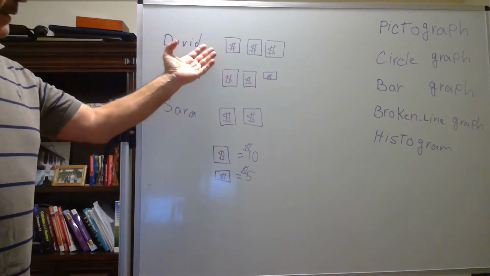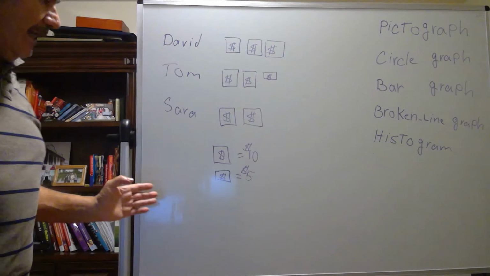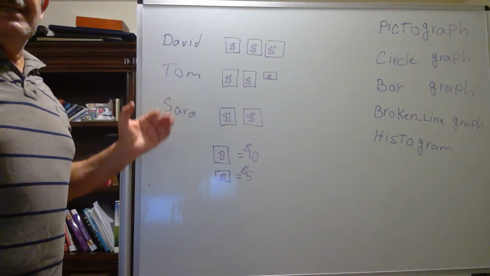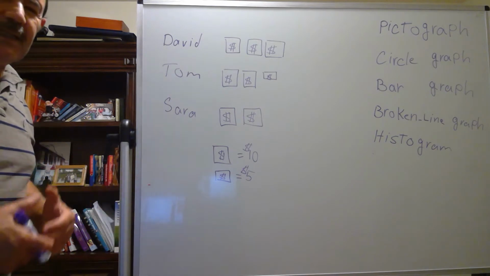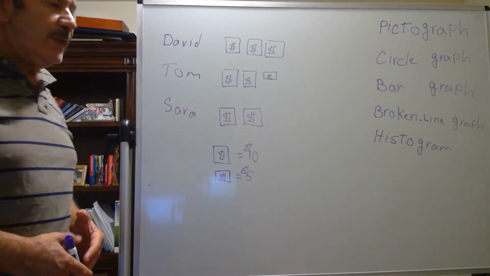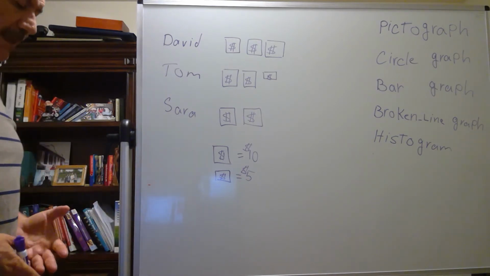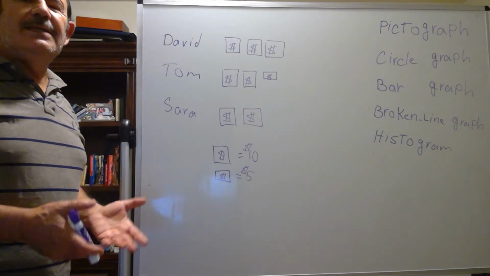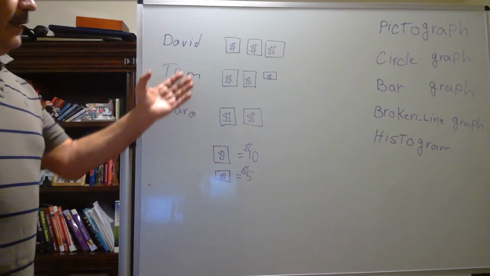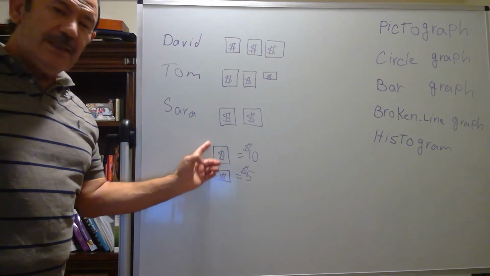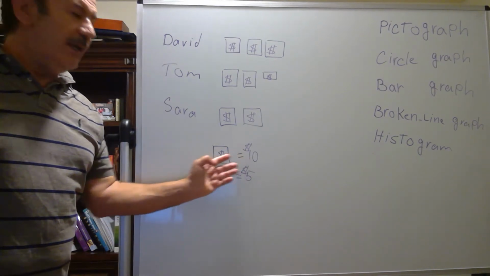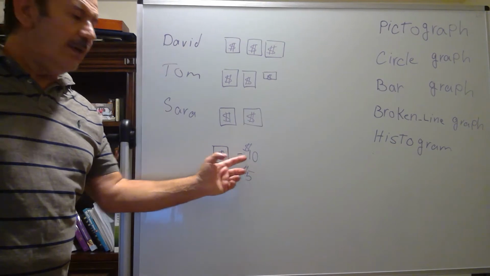The title of the graph we can define as the amount of money that each person has in his or her wallet. And I'm defining this symbol as equal to $10.